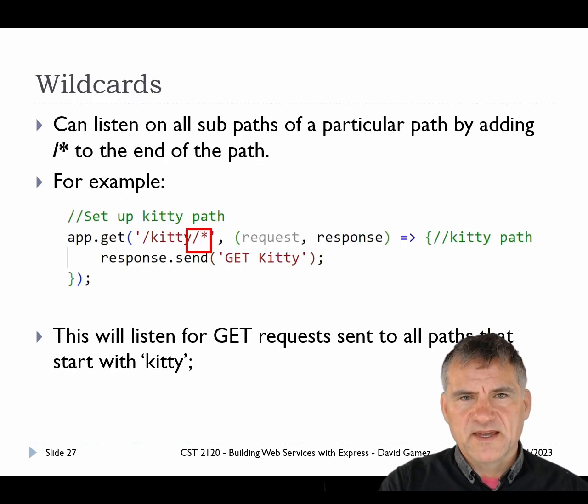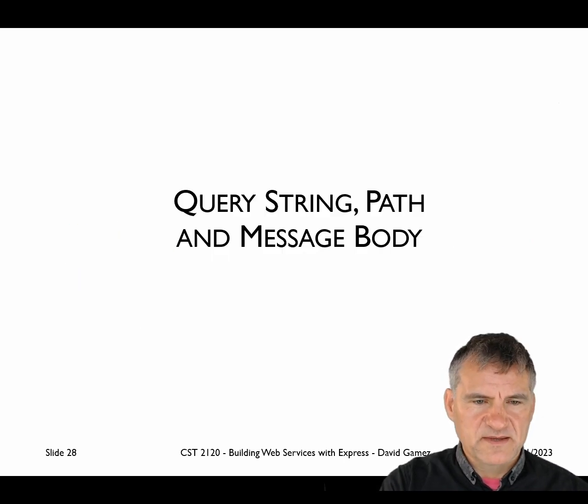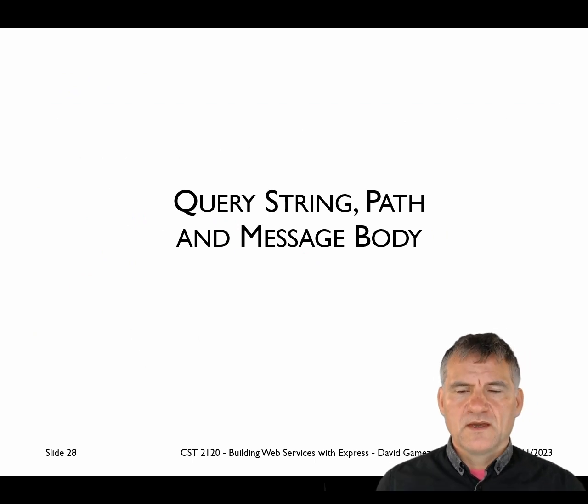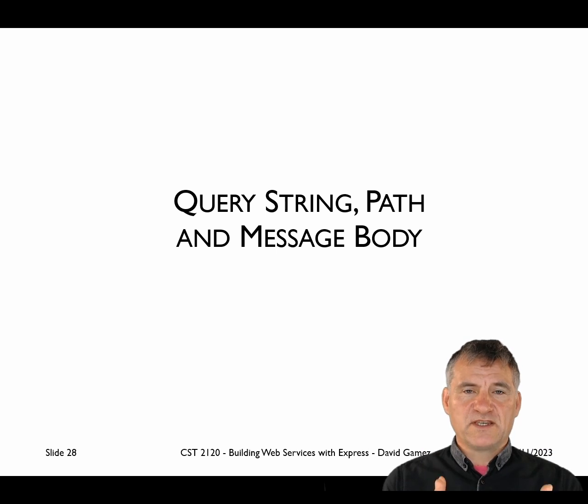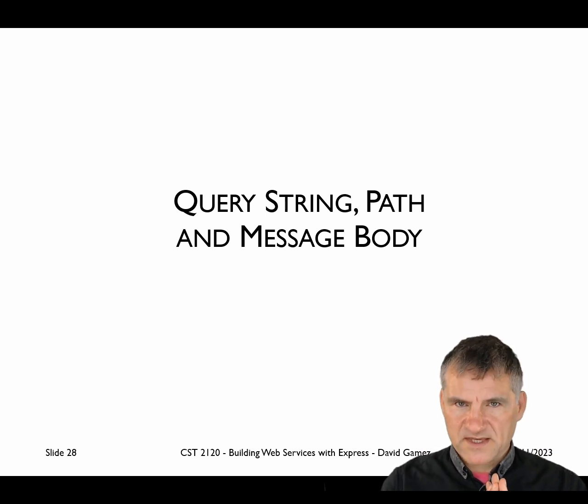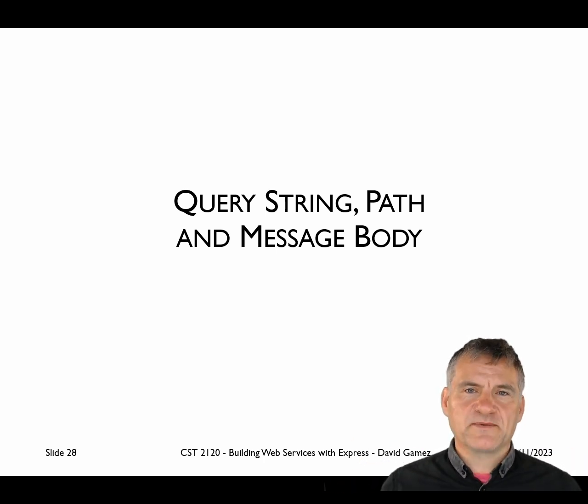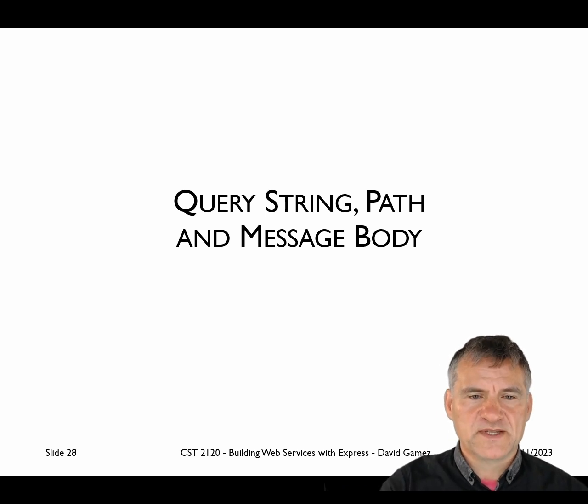We'll come to that in a little bit because I'll use this to illustrate something later. So we can now listen on different paths for different incoming HTTP requests with different methods. That's one of the foundations of being able to write a functional web service.